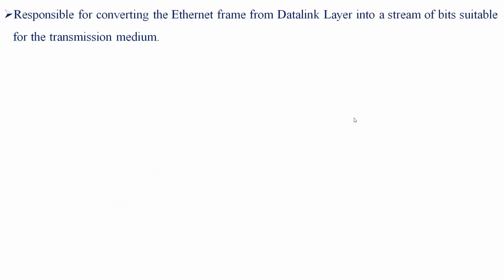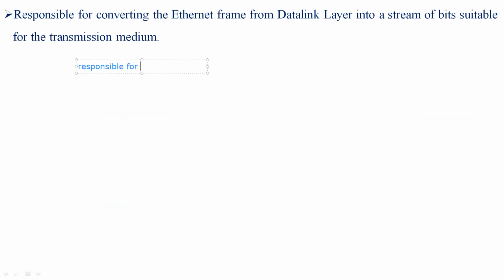So this physical layer is responsible for converting the Ethernet frame from the data link layer into a stream of bits which is suitable for the transmission media.